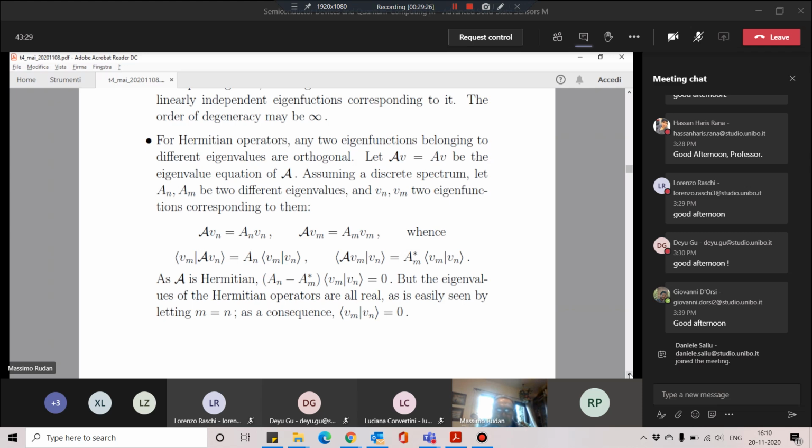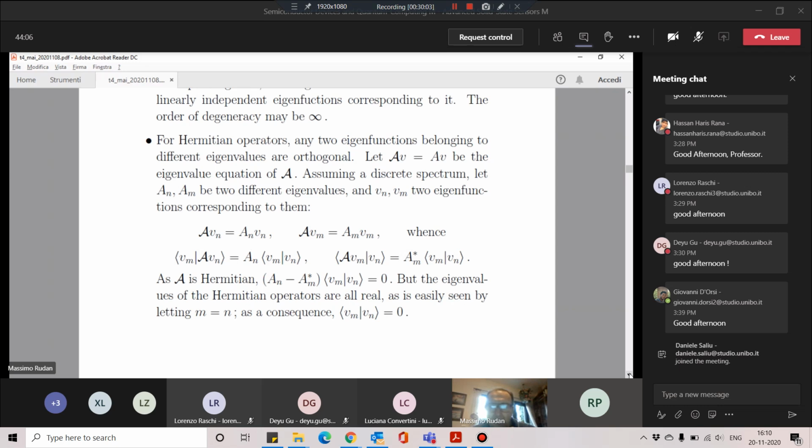If the eigenvalues are simple, there is one and only one eigenfunction Vn corresponding to An, and one and only one eigenfunction Vm corresponding to Am. If instead the eigenvalues are degenerate, there may be more than one Vn corresponding to An and more than one Vm corresponding to Am. It doesn't really matter. We may assume the degenerate case.